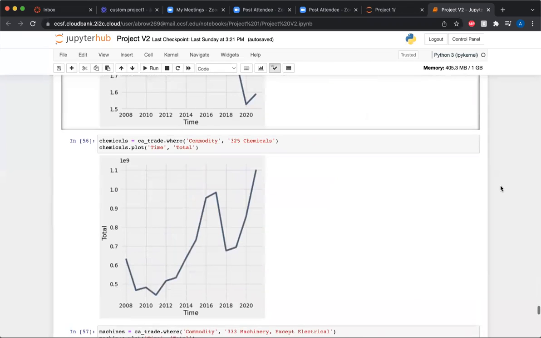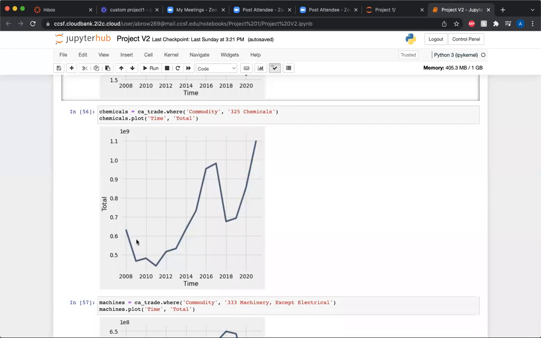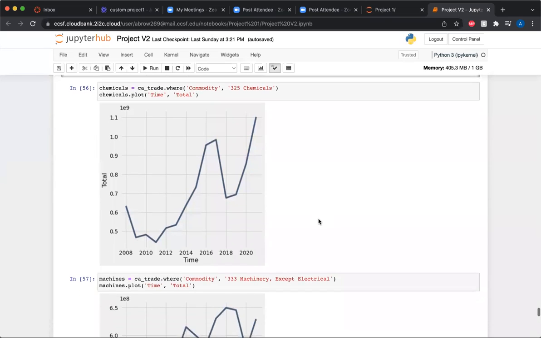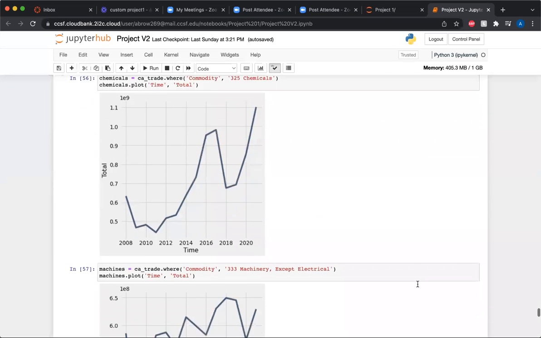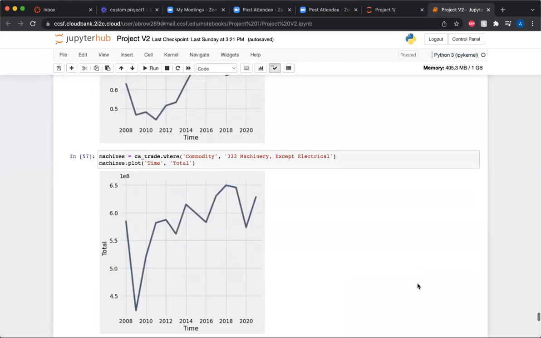One that I wanted to point out in particular was chemicals, which is a top commodity in trade between California and the UK, and actually has seen steady increases essentially, I mean, apart from this drop off in 2017, but since 2009, and has actually seen an increase through the pandemic, a really sharp increase. So I'd be curious to know what that's about. That may be worth looking into in more detail in the future.